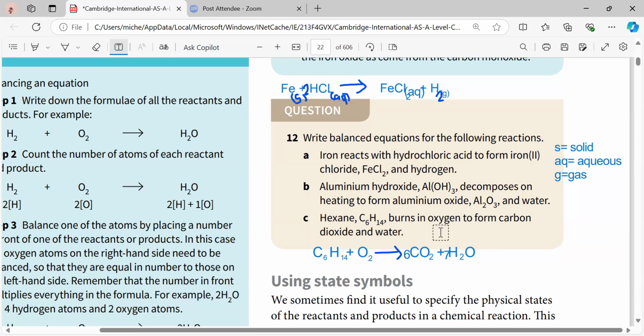Okay, so oxygen right here is actually pretty complex. Let me think for a while.